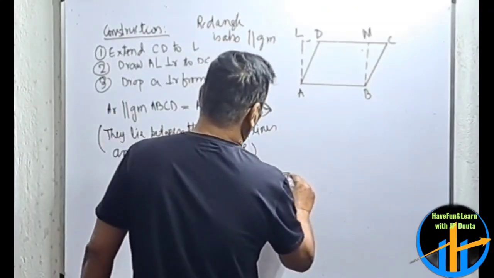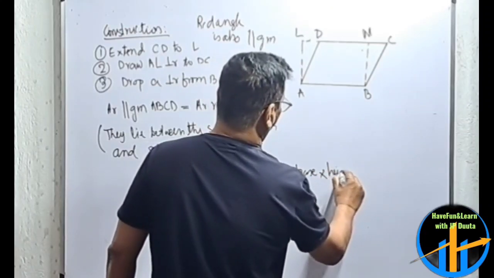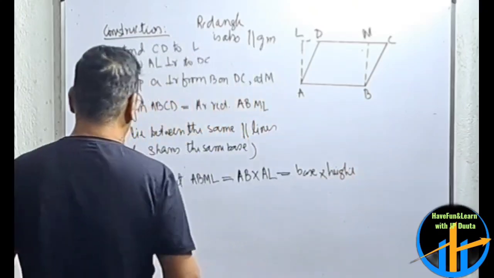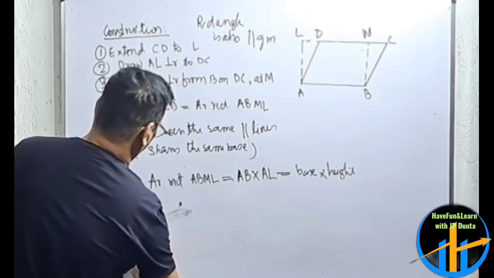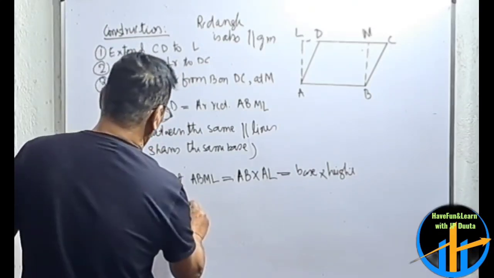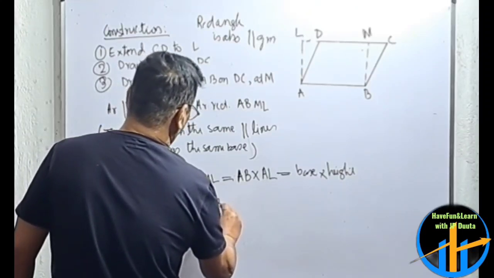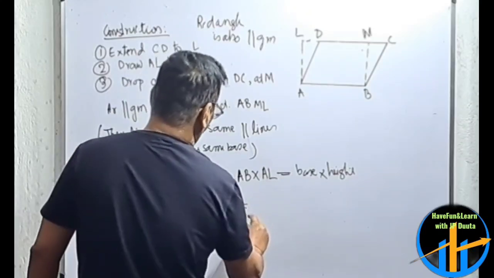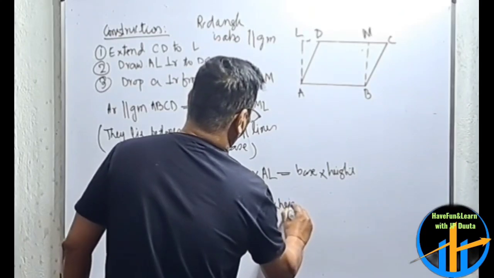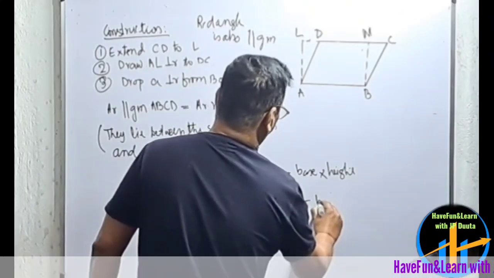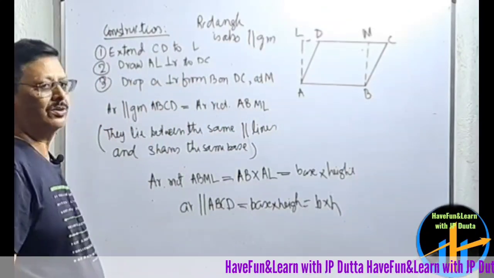That is base multiplied by height or altitude. Therefore, area parallelogram ABCD is equal to base into height, that is base into h. So this was much easier using the previous theorem, right?